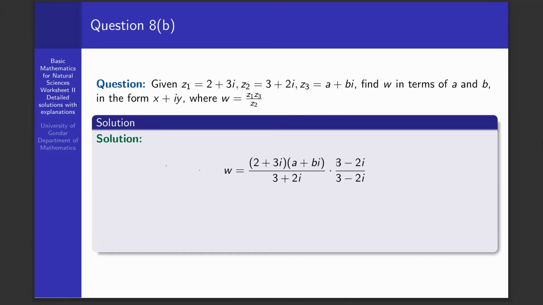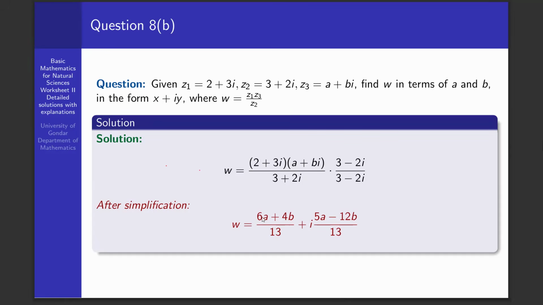So that is this fraction. Then after simplifying this multiplication and further simplification, we can obtain this one, that is w is equal to 6a plus 4b over 13 plus 5a minus 12b over 13 i.